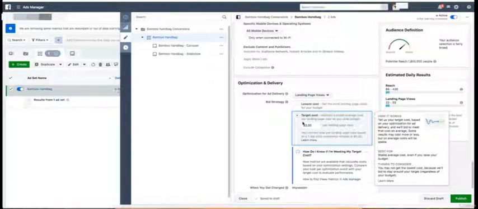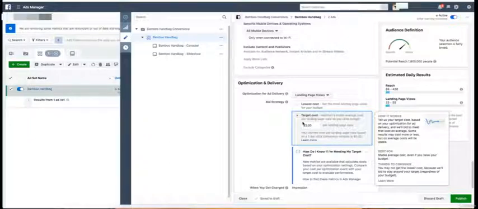Target cost is if you're going to be more aggressive with your scaling, and I'm talking about budget scaling, your daily spend, then you want to maintain a fixed cost. If you are planning on just running $100 a day ads, then you might want to consider lowest cost, because your costs over a period of weeks or months won't be aggressively increased, because your campaign is running at $100 a day.